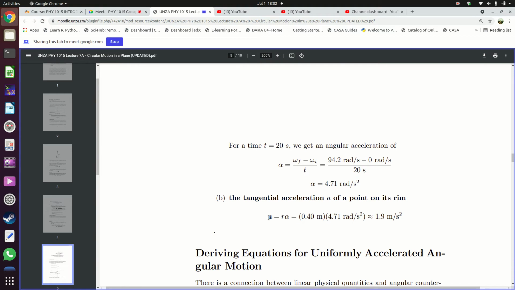Then alpha is how fast something is rotating, the change in rotation. So alpha is concerned with how fast the velocity is changing in a circle, or when something is spinning. Alpha is the angular acceleration of things which are moving in a circle or spinning.